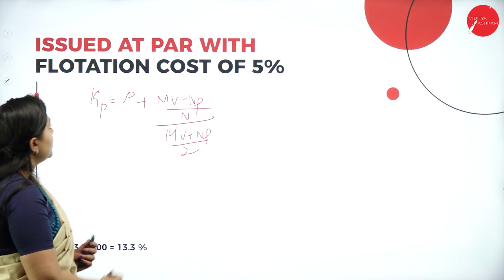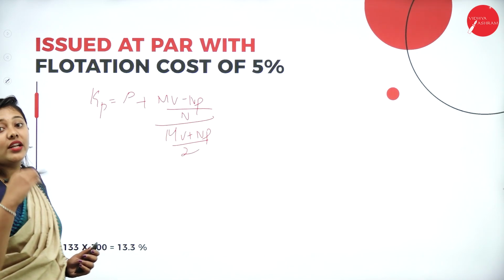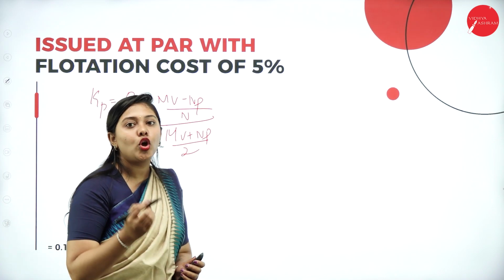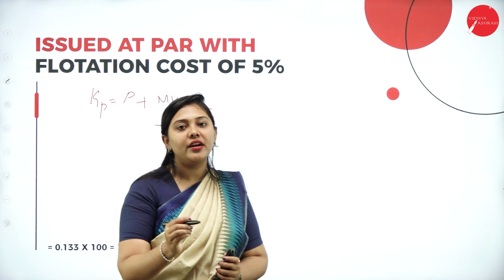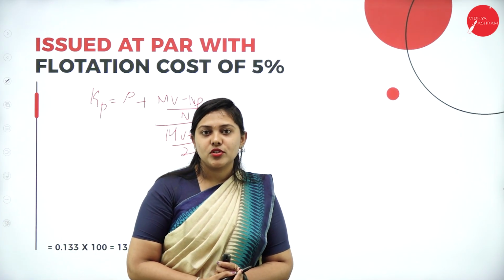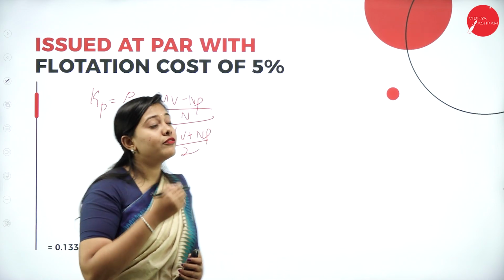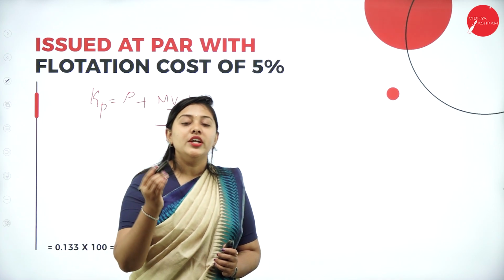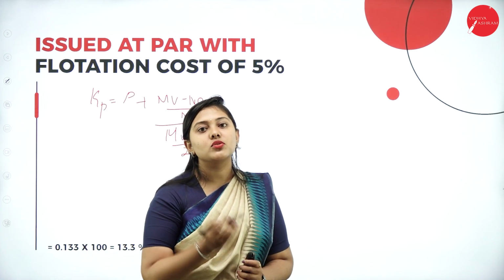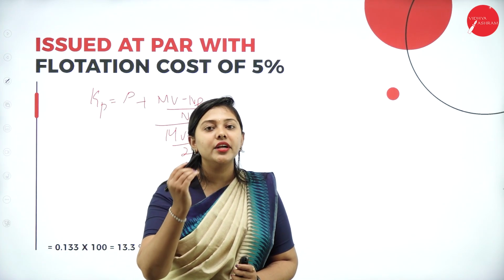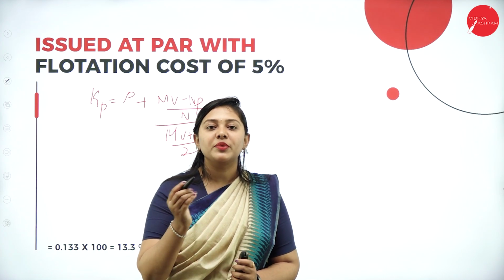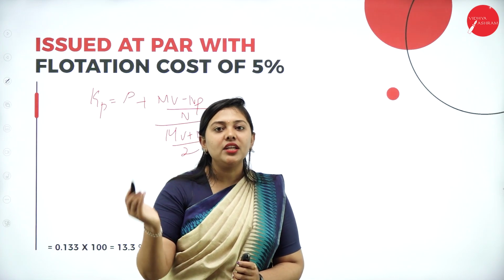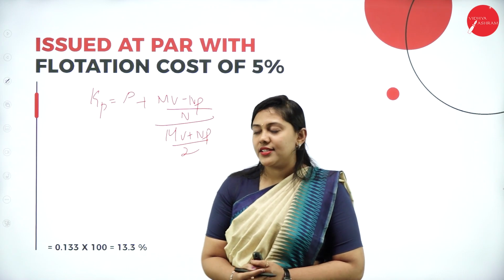What is given? Issued at par, redeemed at par itself. So your maturity value will also be 100 and your net proceeds also will be 100, but you have a flotation cost, that is 5%. So you deduct 5 rupees. How did you get that 5 rupees? 100 into 5%, it will be 5 rupees. 100 minus 5 rupees, it will be 95.